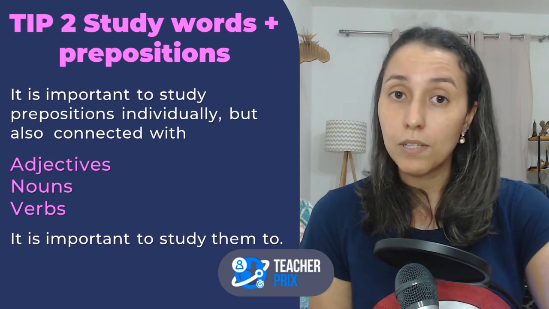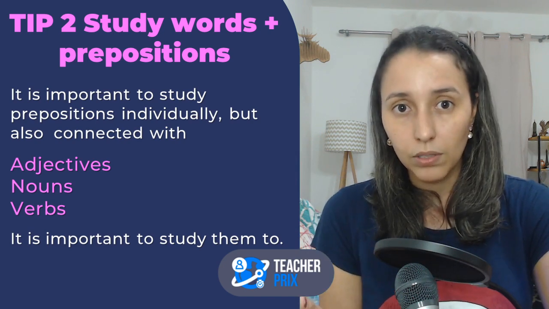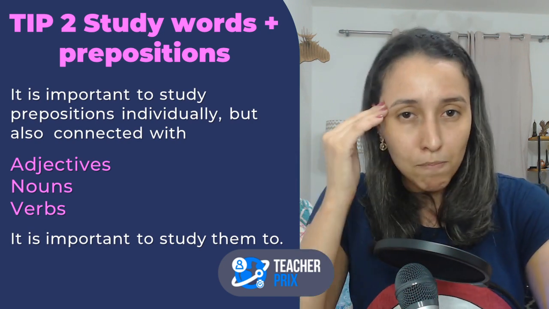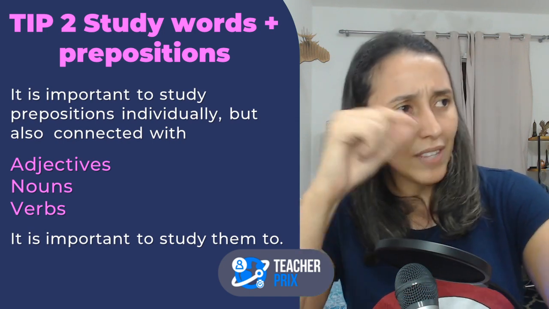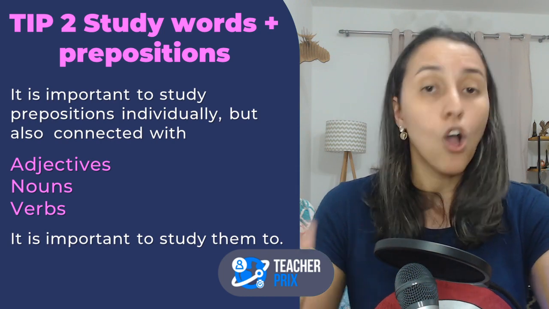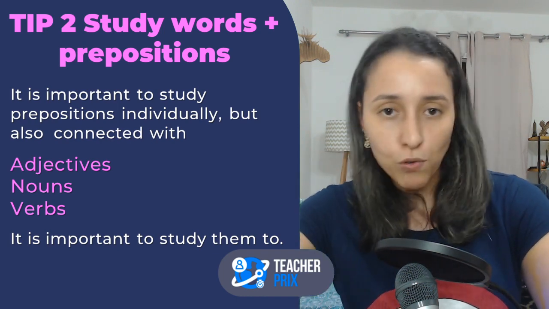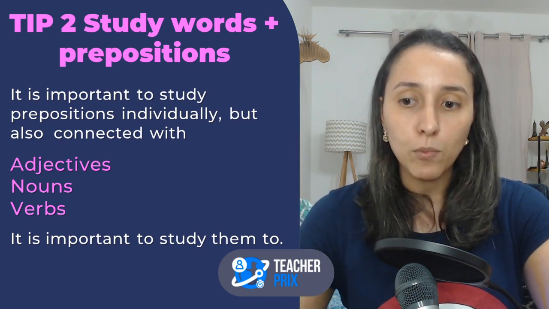Sometimes they are confusing prepositions when there's not really a rule to study, but just memorizing that with this word I have to use in, with that word I have to use for, with this word I have to use to. No option, no negotiation, no explanation. It's just a matter of memorizing.